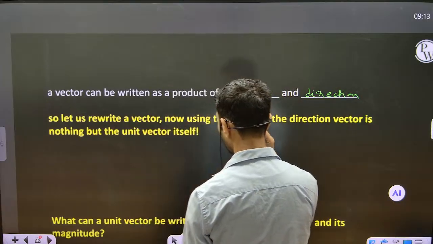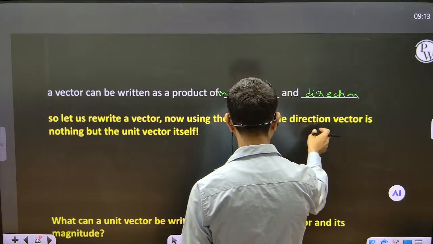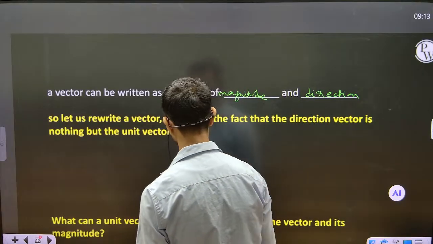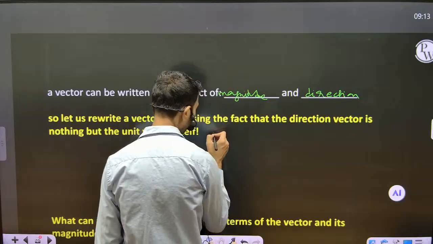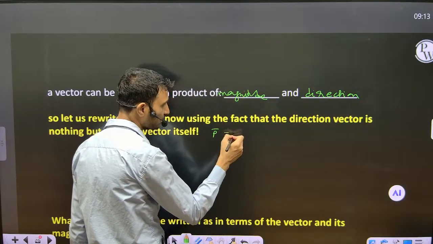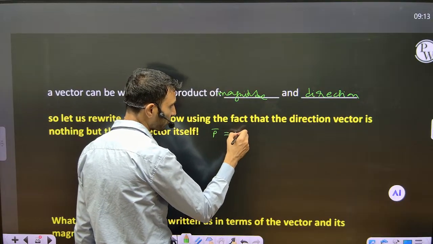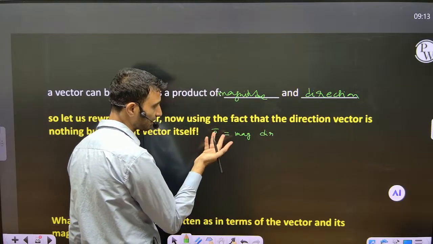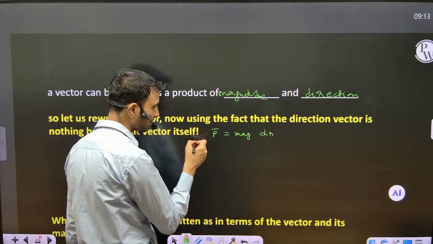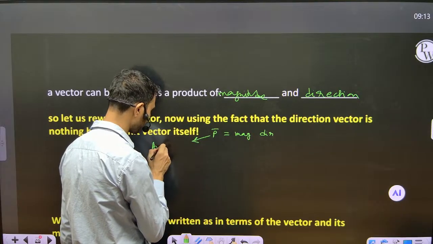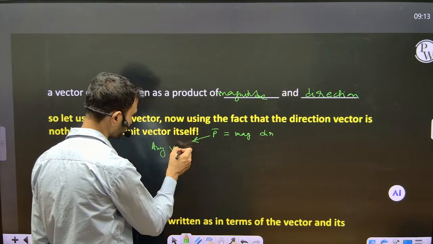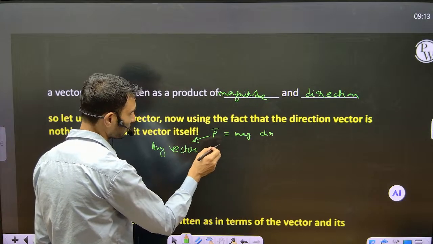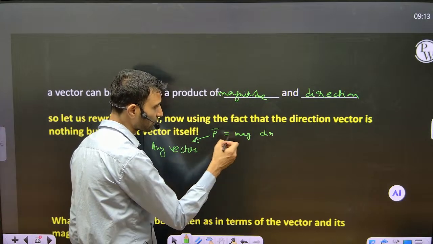So let us rewrite a vector now using the fact that the direction vector is nothing but the unit vector. So p vector can be written as magnitude into direction. P is any vector, can be written as magnitude into direction. And what is the magnitude of p vector?